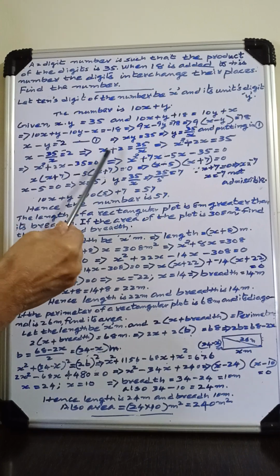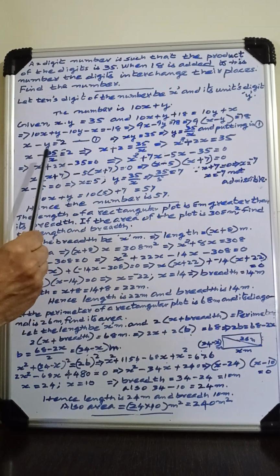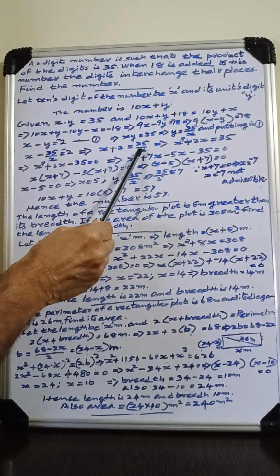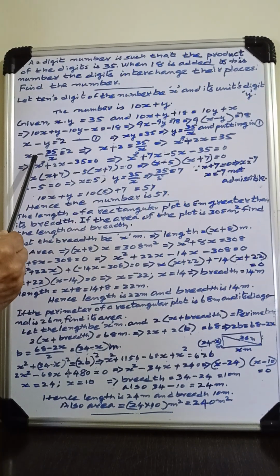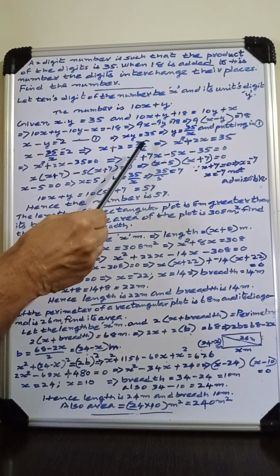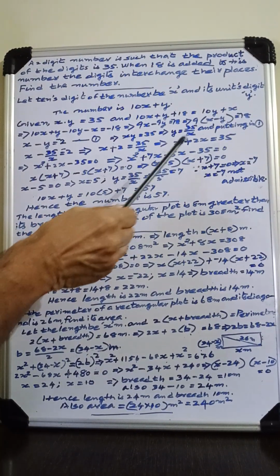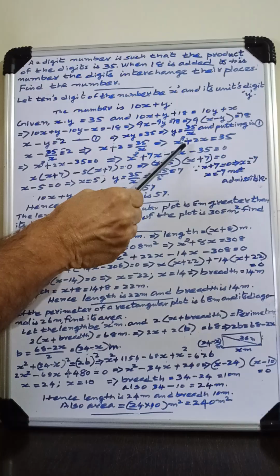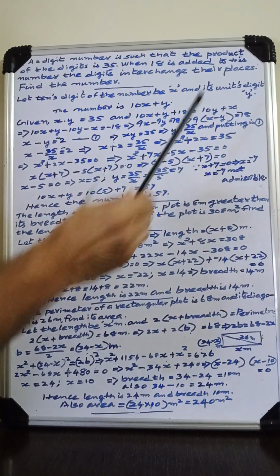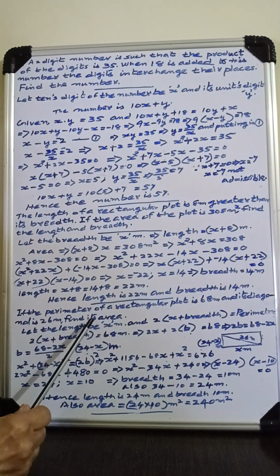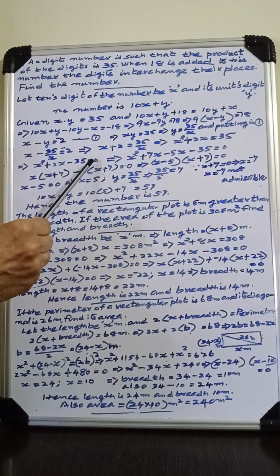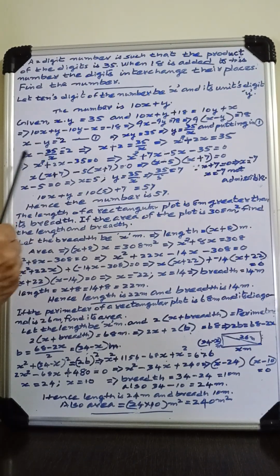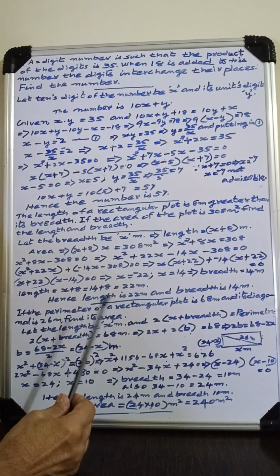That is x plus 2 equals 35 by x. 2 comes to the LHS as positive 2, minus 35 by x comes to the RHS as positive 35 by x. Therefore, x squared plus 2x equals 35. x squared plus 2x minus 35 equals 0. Reduced it to a quadratic equation.